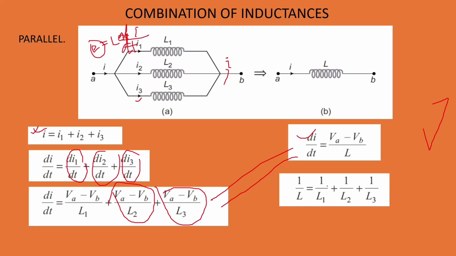This is the equivalent inductance for the parallel combination. If there are n inductors, then we get 1 by L, the equivalent inductance, equals 1 by L1 plus 1 by L2 plus 1 by L3 plus dot dot 1 by Ln. Okay, so these are the combinations of inductances in circuits.